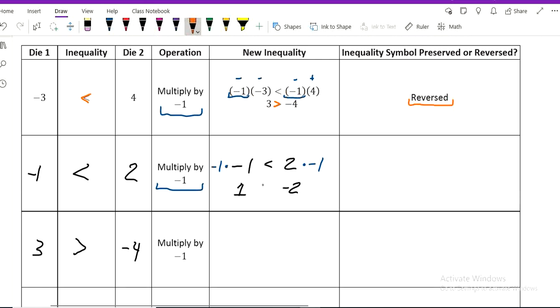Our sign no longer can face toward the negative 2 because that's not true. Negative 2 is less than positive 1. So our sign has to face this way. So look at what happened. It went from facing to the right to now facing to the left after we multiplied by negative 1. So we would say it was reversed.